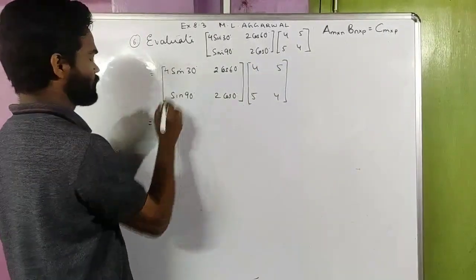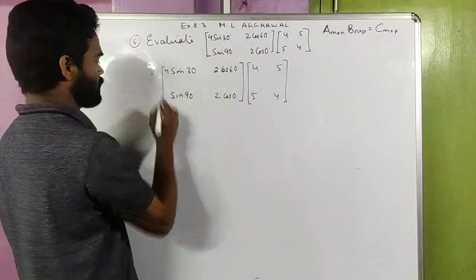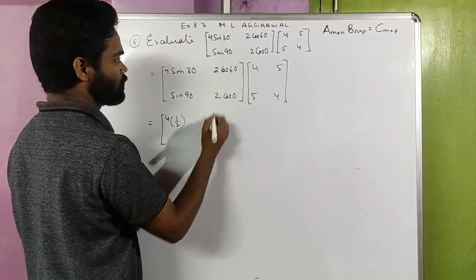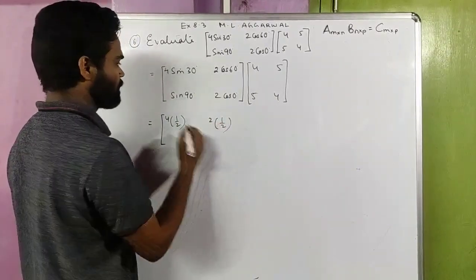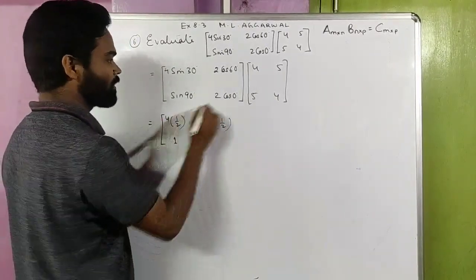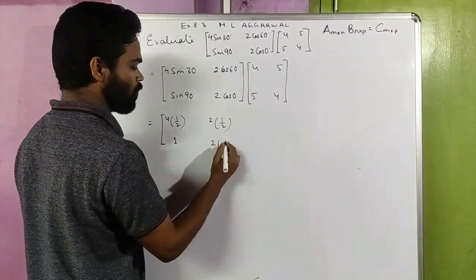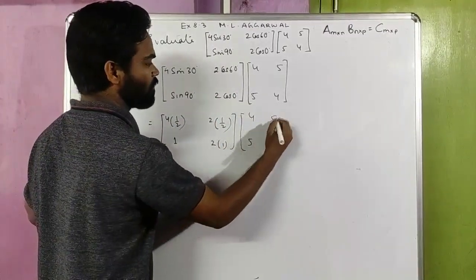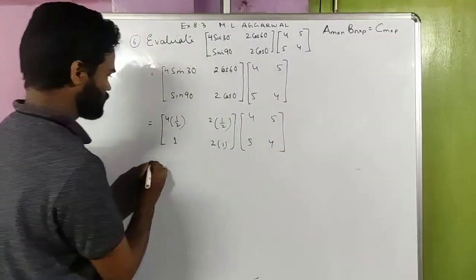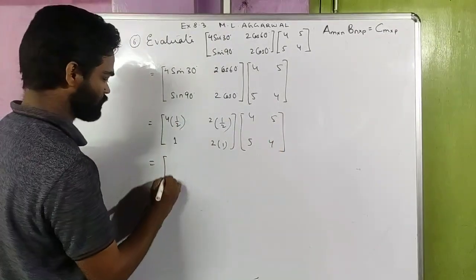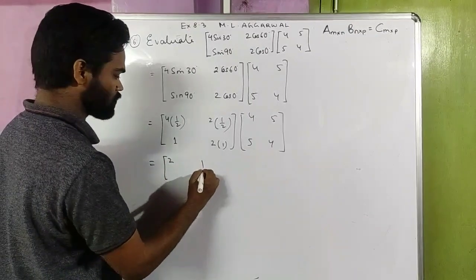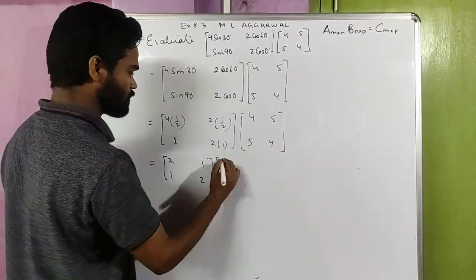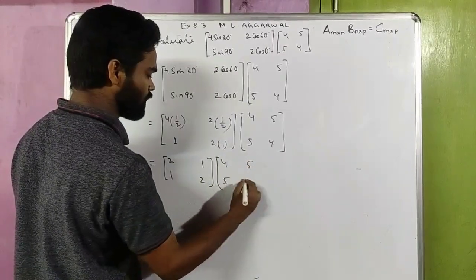Now first we'll put the values, so 4 sine 30 is 2, 2 cos 60 is 1, sine 90 we know is 1, and 2 cos 0 is 2. This will be multiplied by 4, 5, 5, 4.